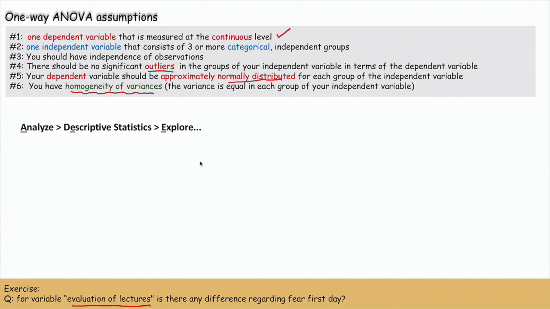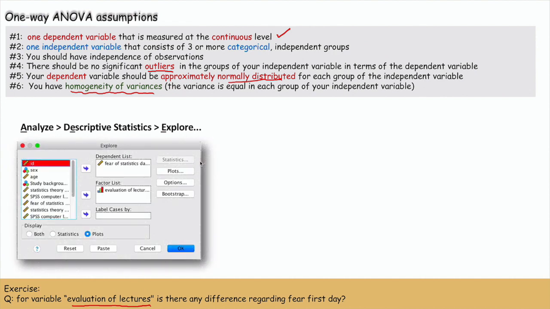To do this one, the first step that we want to do for an ANOVA is to go to Analyze, Descriptive Statistics, and Explore, and then we can put the continuous variable in the dependent list, as you see here, fear of statistics, and in the factor, the evaluation of the lecture that has three levels in this example.